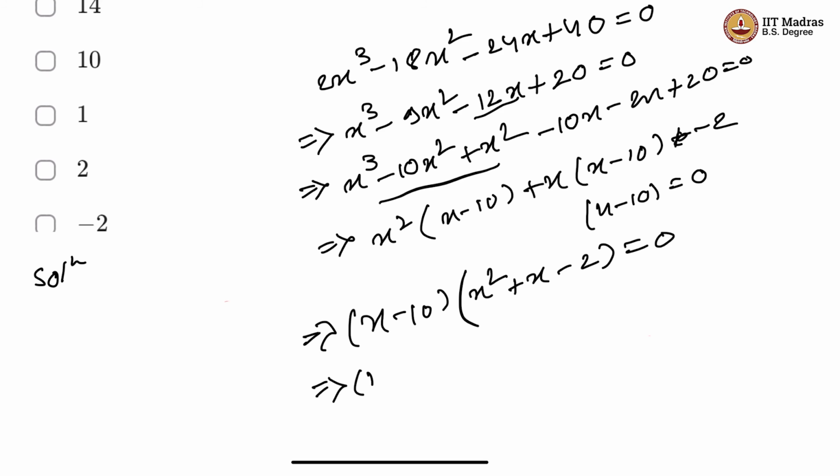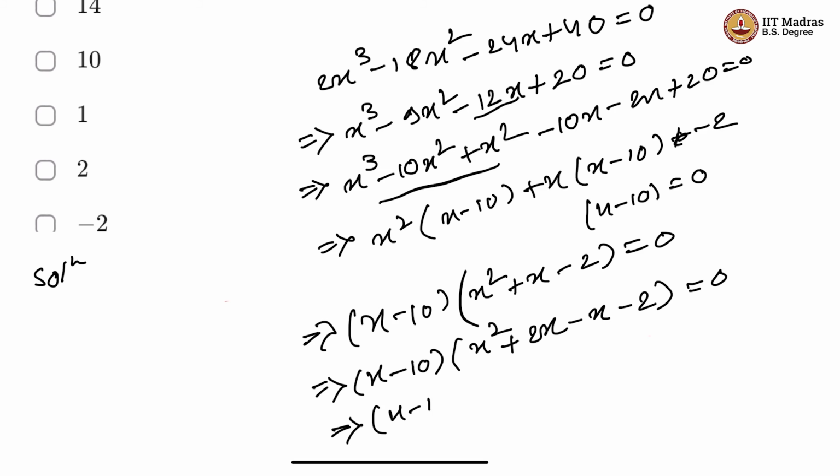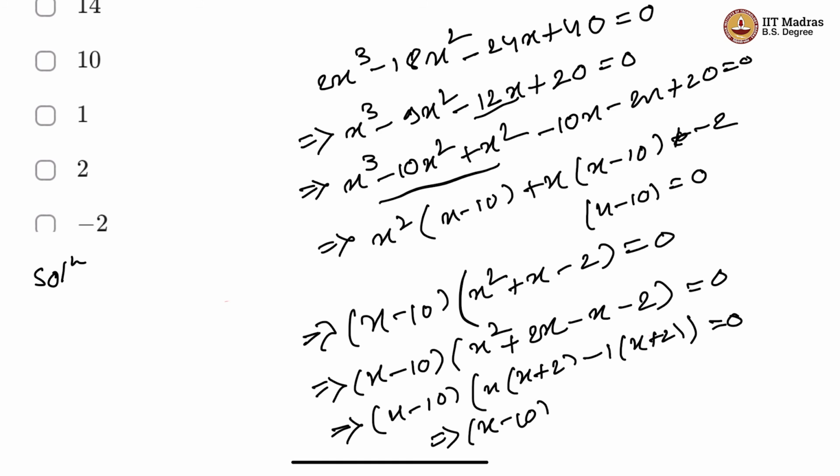Again, we can rewrite it as (x - 10)(x^2 + 2x - x - 2) = 0. Okay. So clearly from this, we can take x as common, then we will get (x + 2) - 1(x + 2) = 0. So it will be (x - 10)(x + 2)(x - 1) = 0.